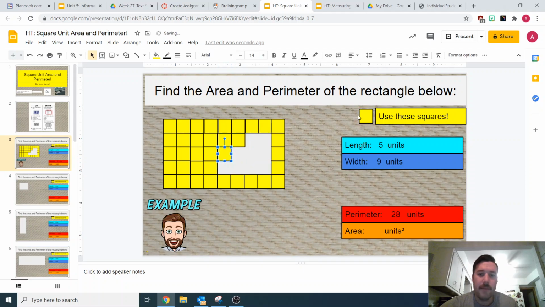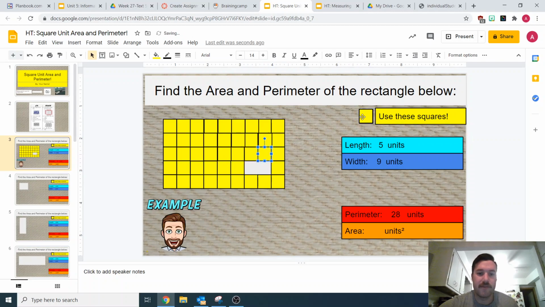Okay, I'm going to fill this shape up. There are two ways to find the area of a rectangle. I could multiply the length times the width.